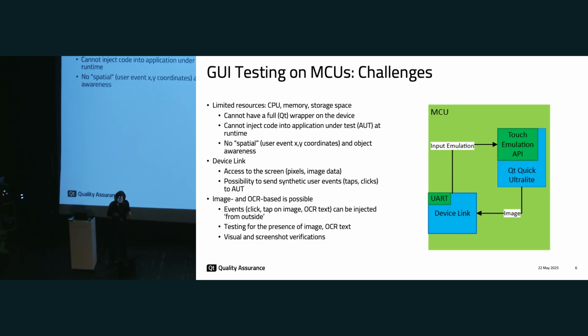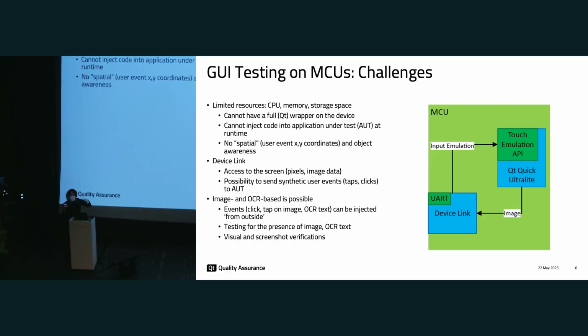Given all of this, we don't have any spatial awareness. What that means is if I tap the screen here, then the user interface tester has no idea what happened, because it doesn't know that anybody tapped on the screen and where it happened.